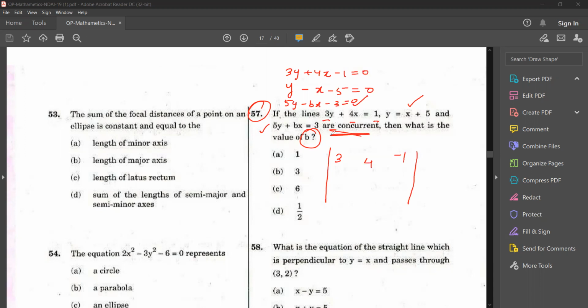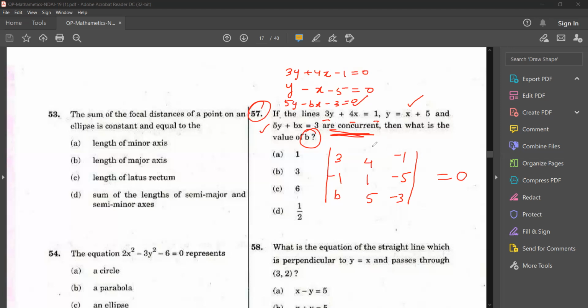So if three lines are concurrent, we write their coefficients as 3, 4, minus 1; then the next one is minus 1, 1, minus 5; then here it is b, 5, minus 3. The coefficients of x you have to write first. This determinant will be 0 if three lines are concurrent.